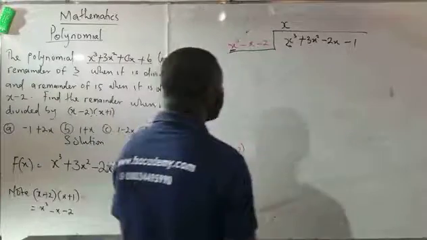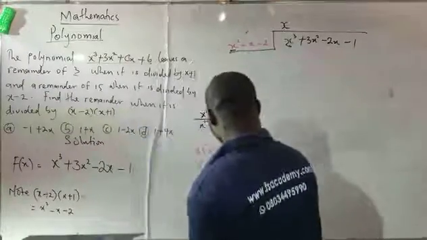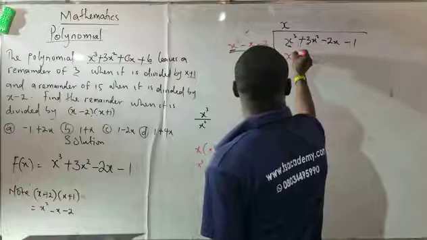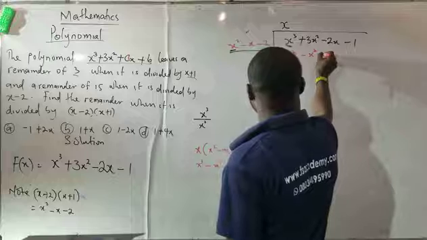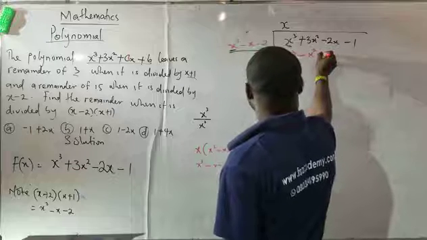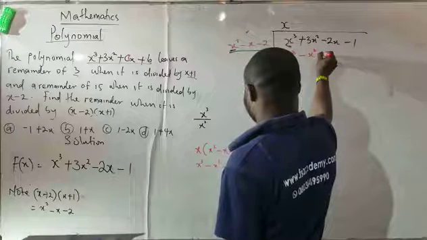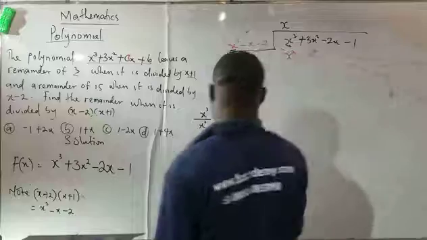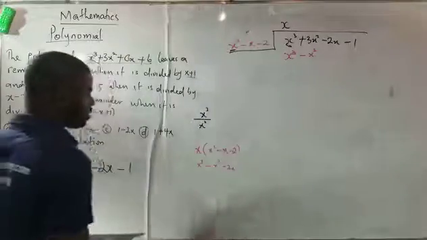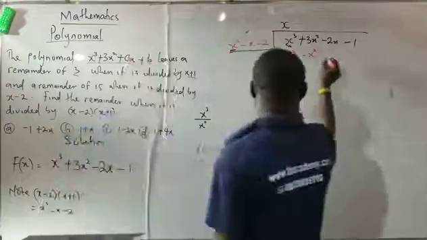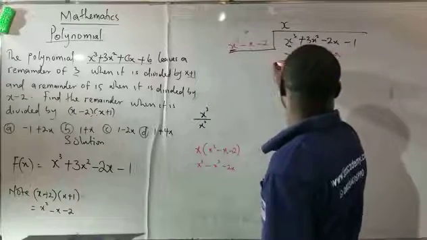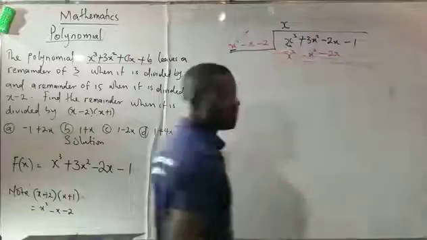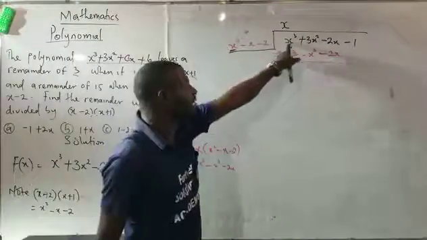I hope I'm not making any mistake. What am I achieving? I'm achieving that the first term must cancel out.